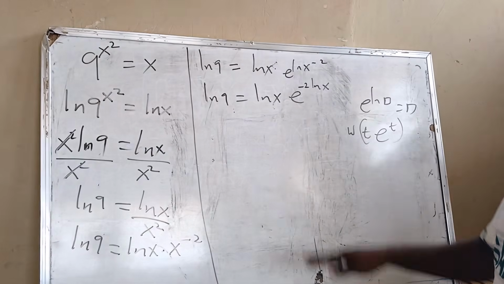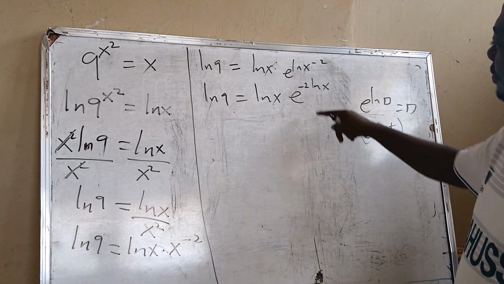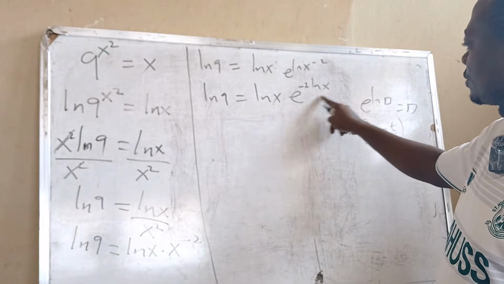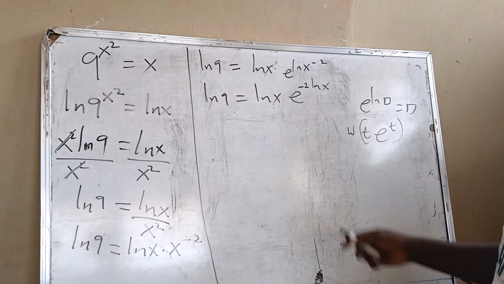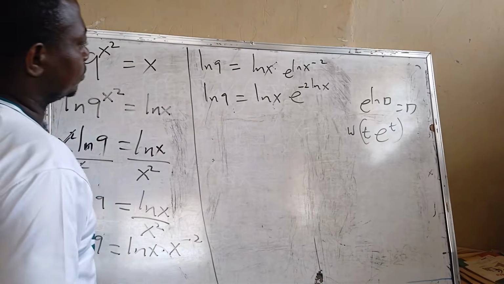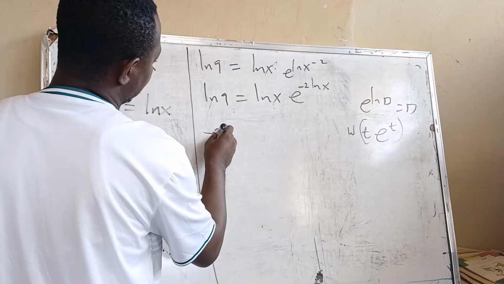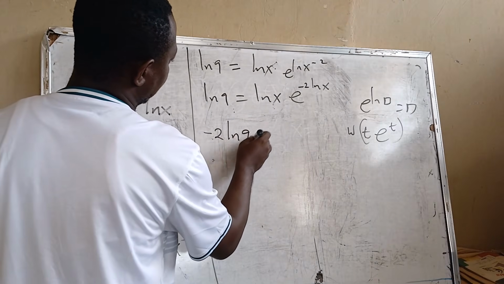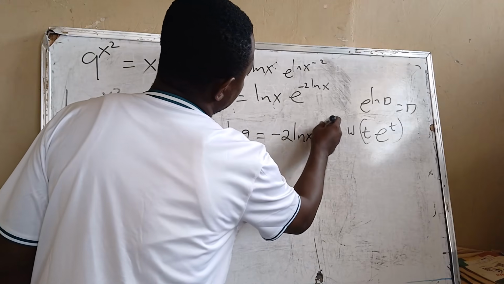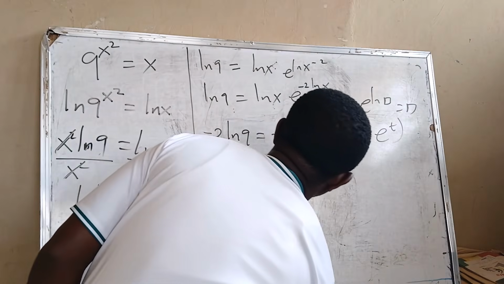So just think about it: if this side is supposed to be like this and this side is minus 2 ln of x, what is missing here? Of course, negative 2. So what we will do here is to multiply both sides by negative 2. So I'll have negative 2 ln of 9, negative 2 ln of x, e raised to minus 2 ln of x.